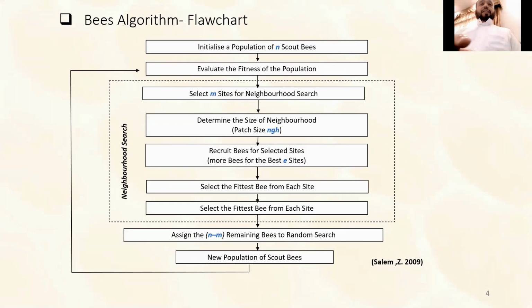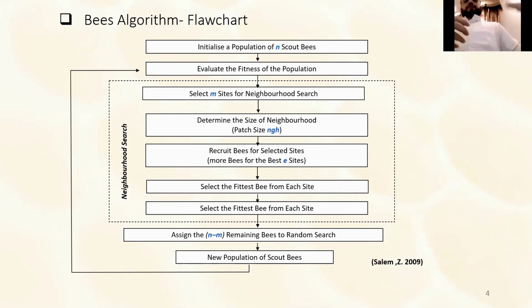Here's just a quick flow chart about the Bees algorithm, how it starts by taking an initial sample and then evaluating the fitness of this sample, then searching around the best ones within a certain neighborhood area, then recruiting bees for the best bees.